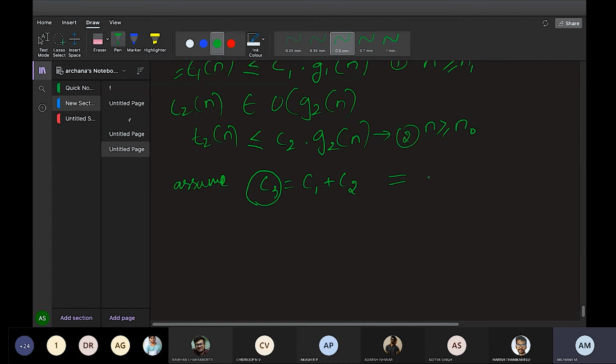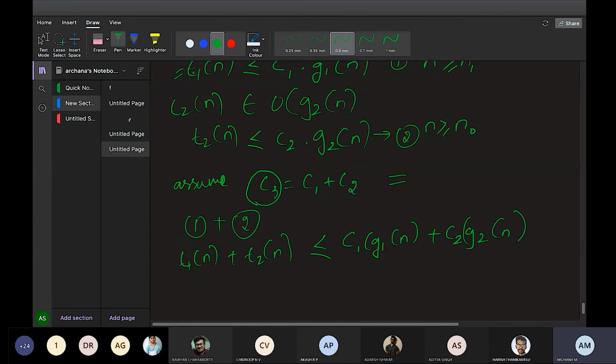This is an assumption. Okay, now we will add 1 and 2. That is, T1 of n plus T2 of n is less than or equal to C1 of G1 of n plus C2 of G2 of n.